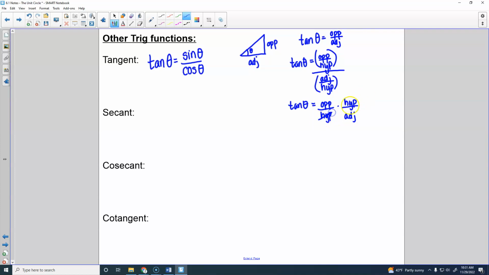All right, our hypotenuse is hypotenuse. They cancel. And we have opposite over adjacent. So when we're doing sine over cosine, it is eventually giving us that opposite over adjacent. So this is just like a proof.